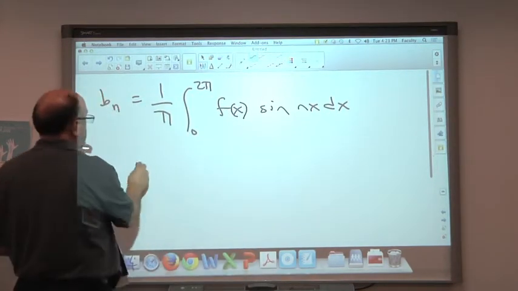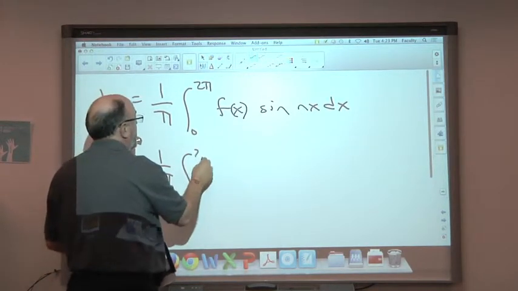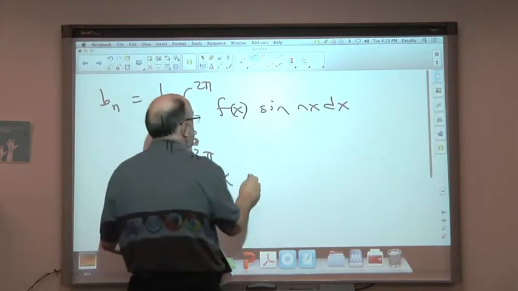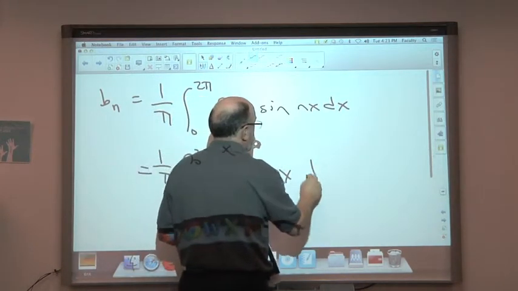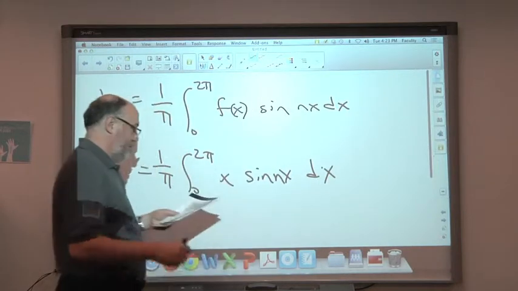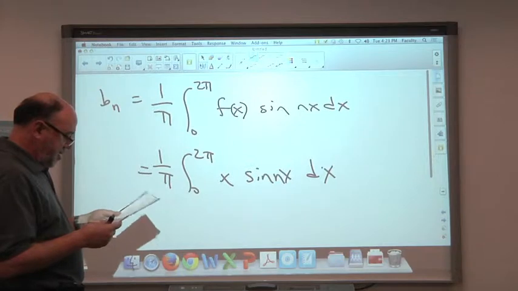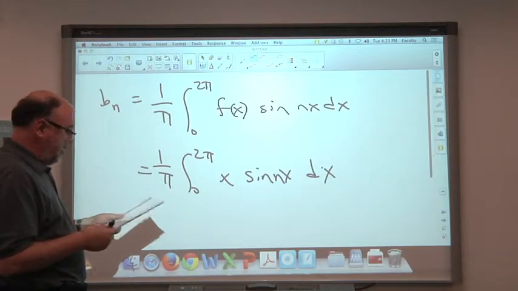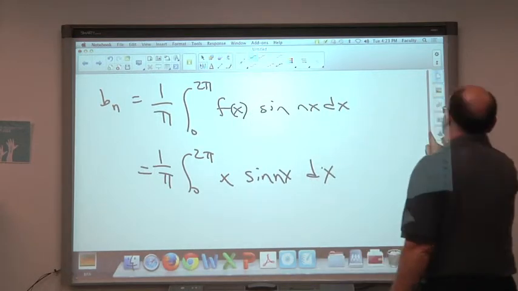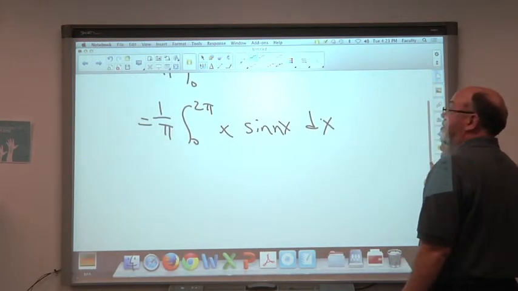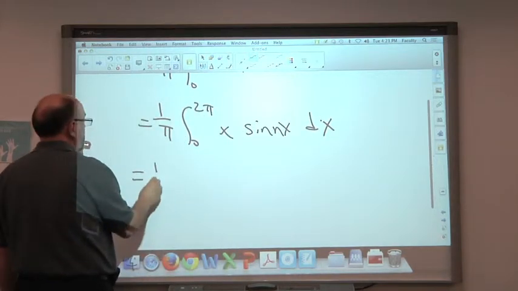So in terms of our example, we got 1 over pi, interval 0 to 2 pi, x sine nx dx. You get that? Again, this form you can find in tables, so you don't have to worry about trying to figure it all out. There are tables that have these kinds of things.